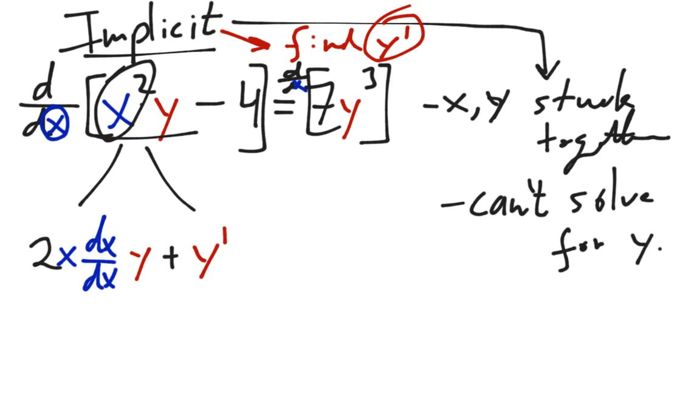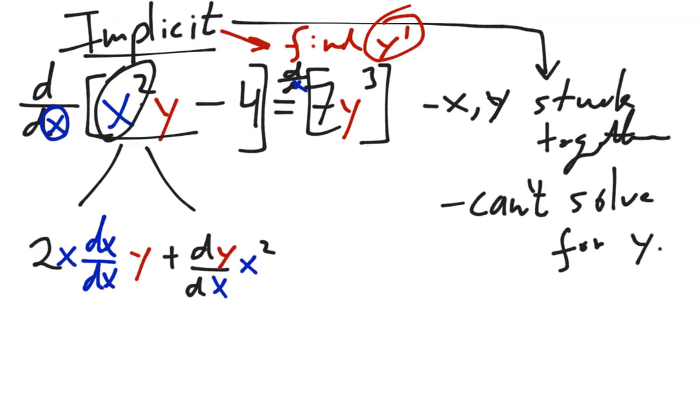So actually no, either way is okay. If you want to write dy/dx, great. If you want to write y prime, great, just don't get confused later. So we have g prime, which is dy/dx, times x squared.